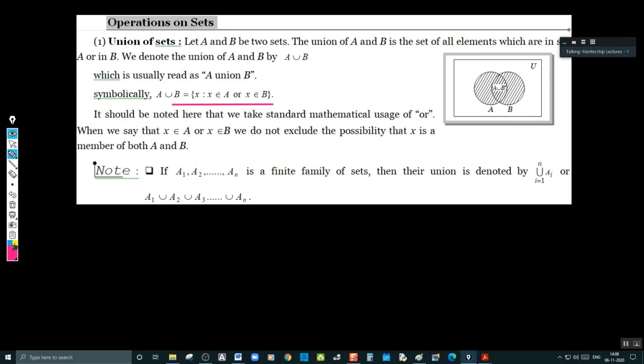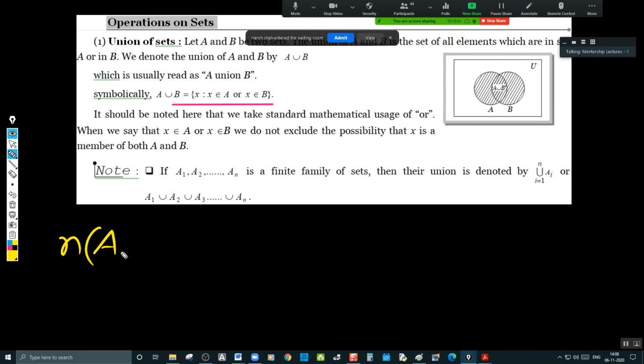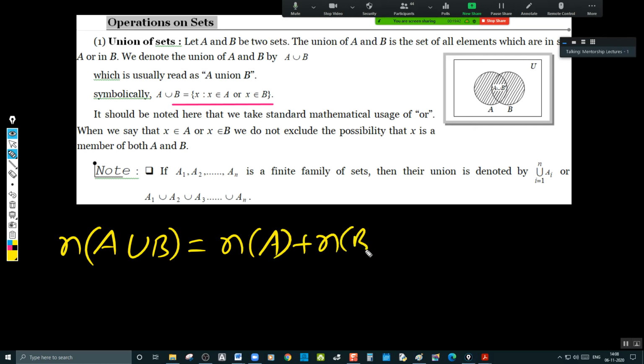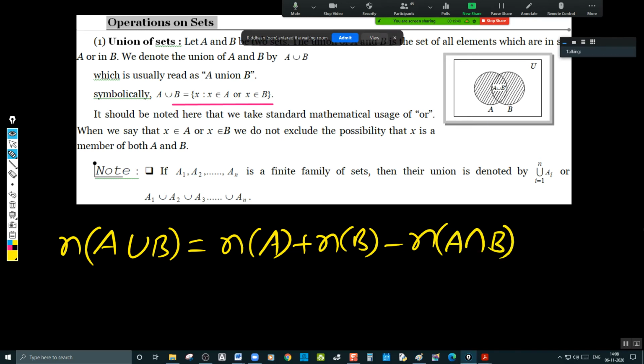That's the reason why I gave you yesterday a formula for the number of elements of A union B as n of A plus n of B minus n of A intersection B. Why are we subtracting n of A intersection B?